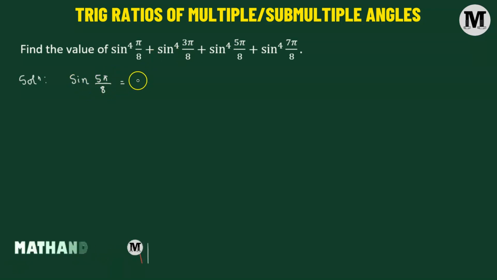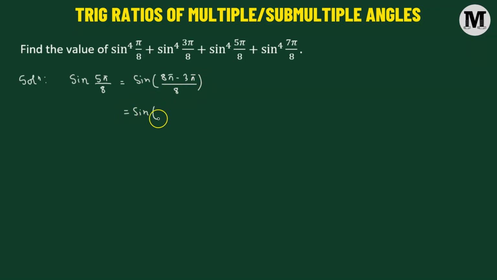This can also be expressed as sine of, now 5 pi can be written as 8 pi minus 3 pi, and it would mean exactly the same thing, divided by 8. We're writing in this fashion because now we have sine of 8 pi over 8 minus 3 pi over 8. Here 8 pi over 8 is nothing but pi, so we have sine of pi minus 3 pi over 8.